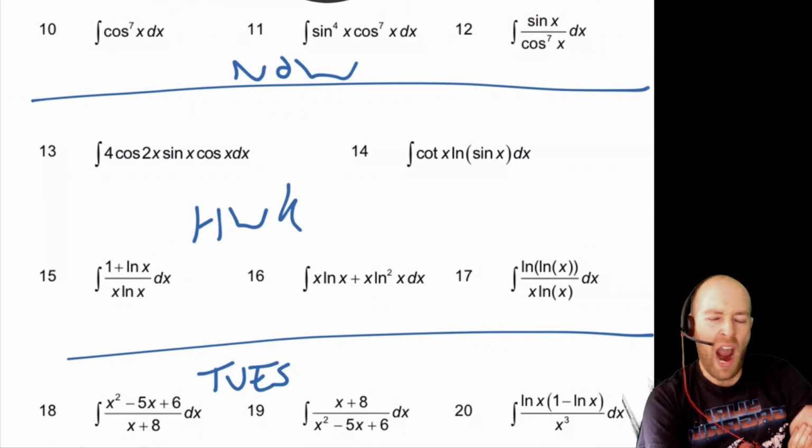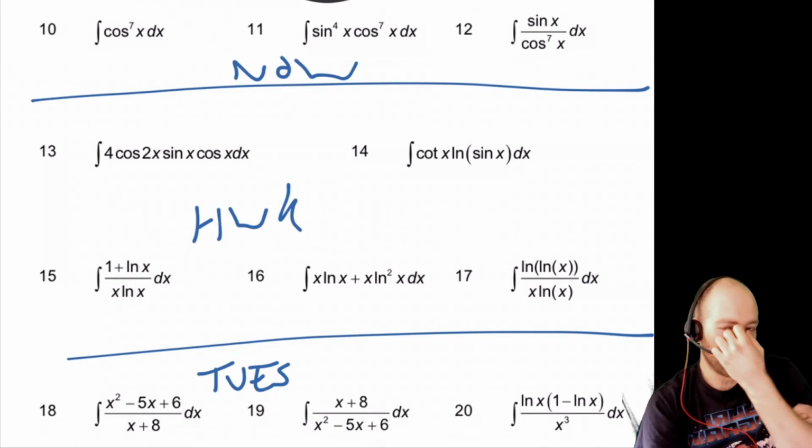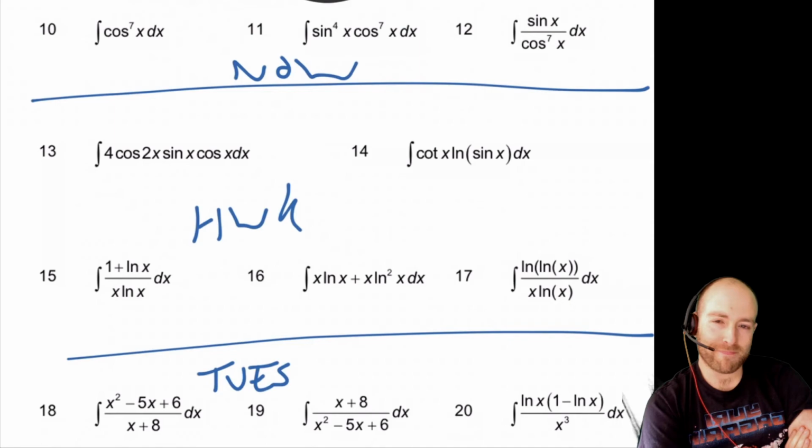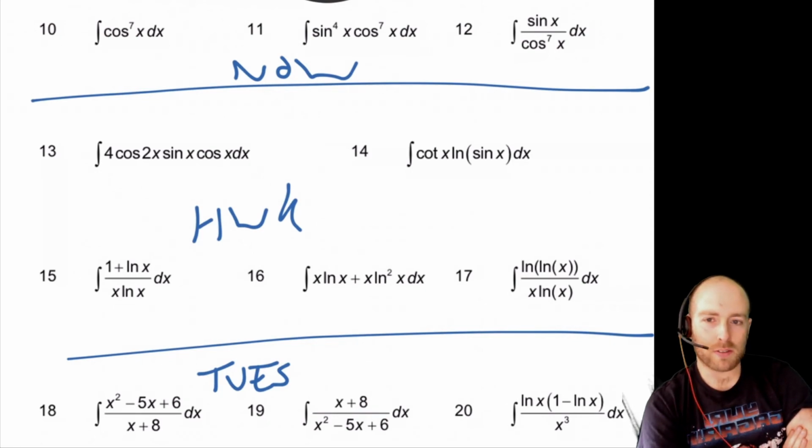It doesn't look great, but we'll have fun with that on Monday, I think. 12, sine over cos to the 7. Yeah, that looks alright actually. Just 11 looks hard. 13 looks alright. Bit confusing there. Some of these integrals are horrible. Sorry guys, I have given you some really hard stuff here. 17 looks like nightmare mode.